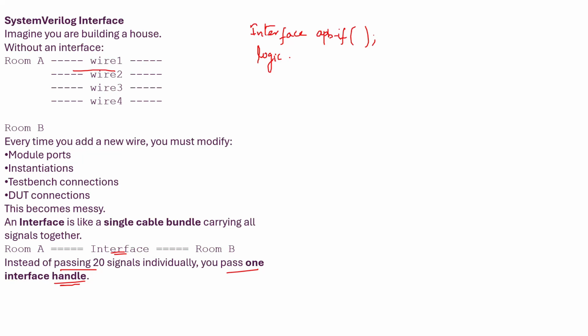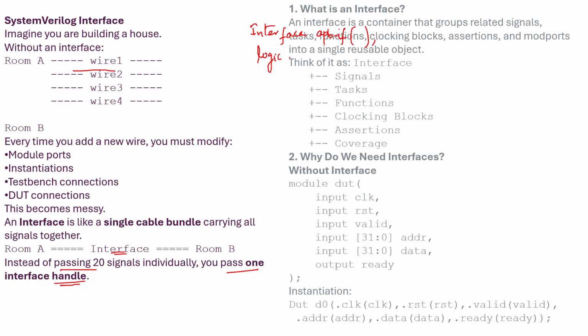We are not mentioning whether it is an input signal or output signal. We just add the signals in our interface and then pass that interface handle to your DUT. In the interface all the signals will be there, and that will be connected to different components. That's why we are taking the interface.